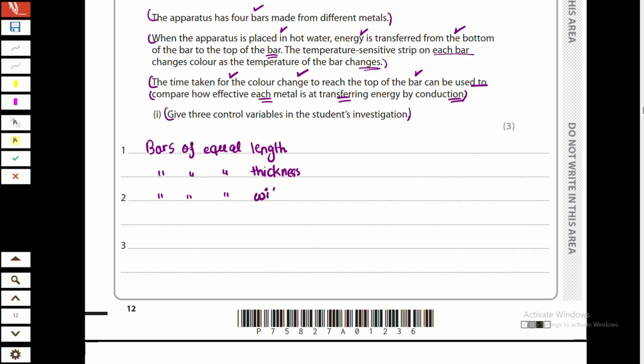Third variable can be bars of equal width, and bars should be at the same depth inside water. At the same depth inside water.